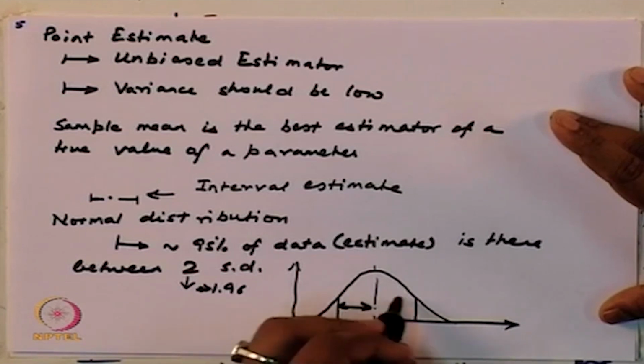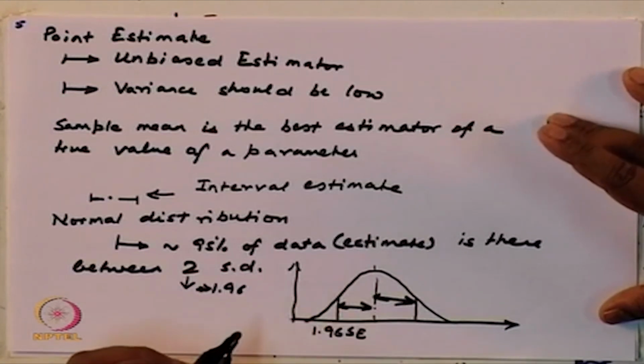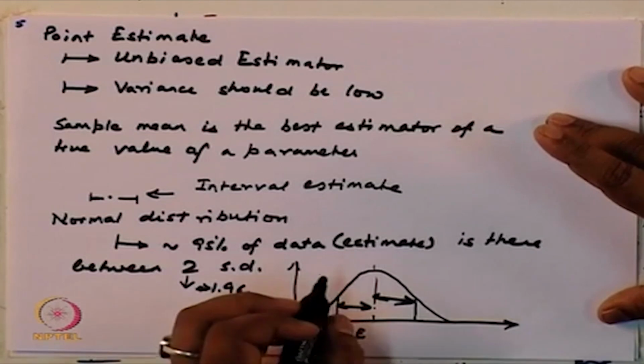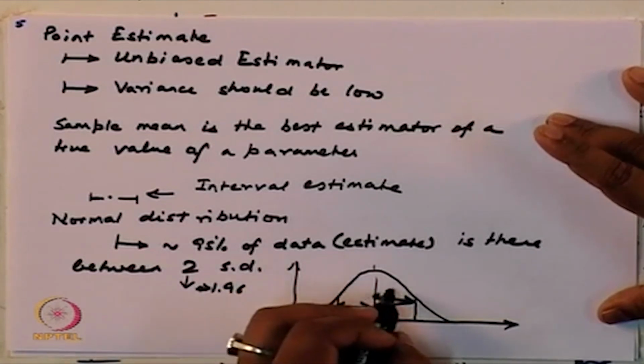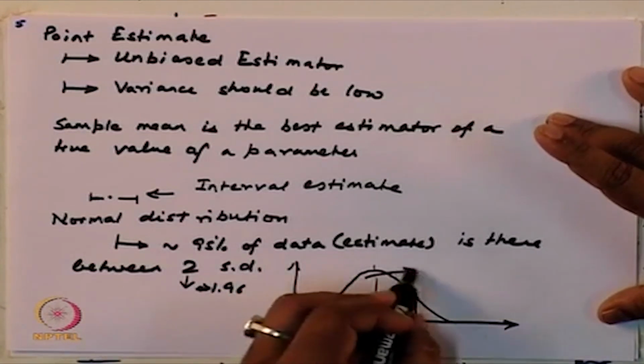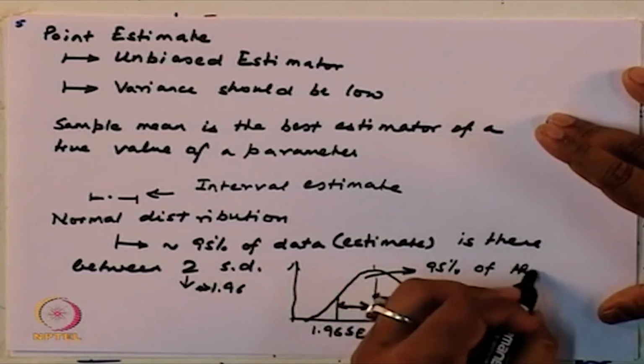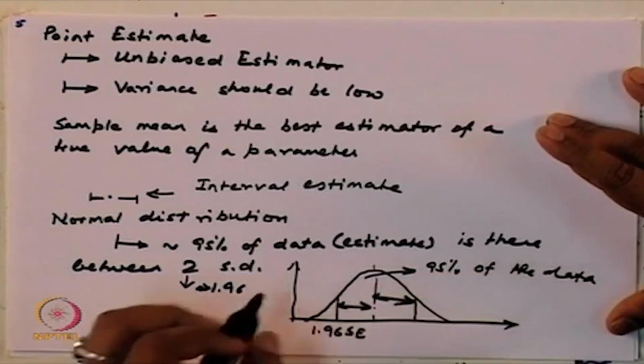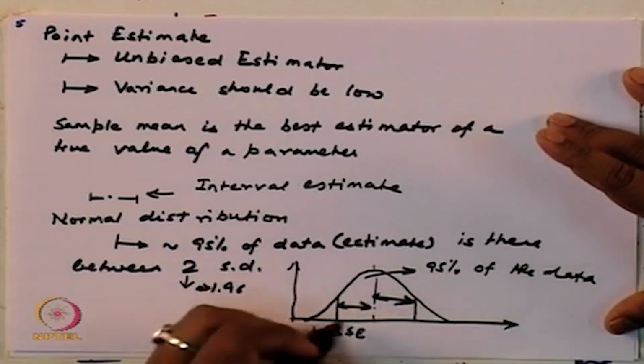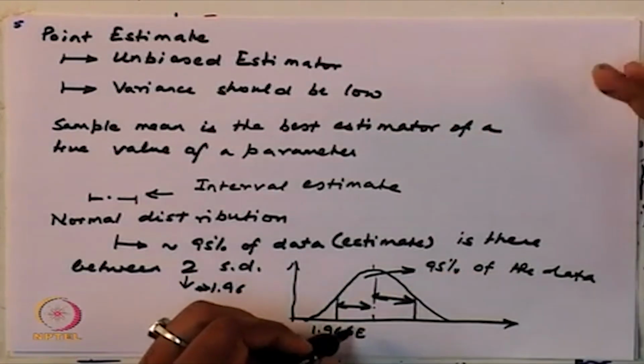Both this and this are 1.96 times SE, and this total area covers 95% of the data, which means that the probability that any estimate falls within this range is 95%.